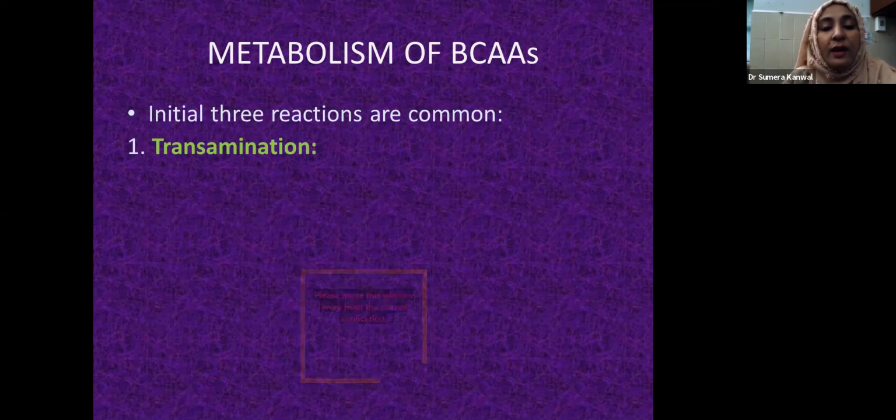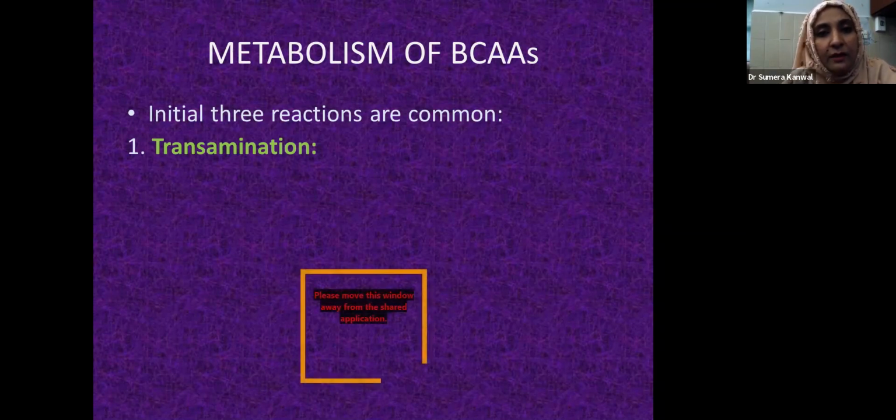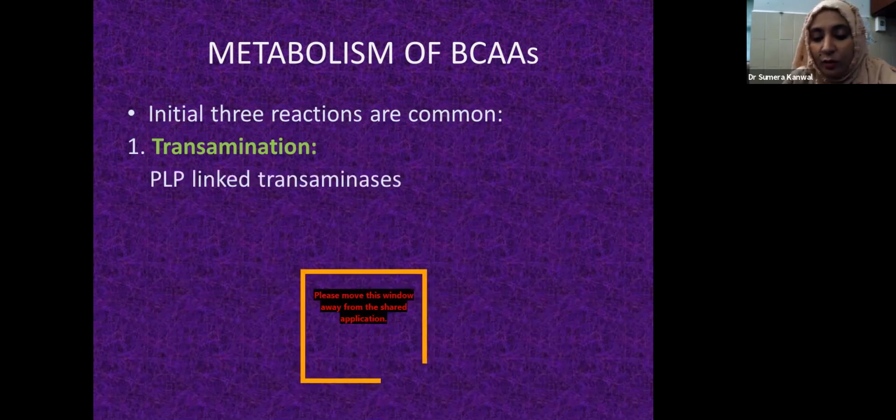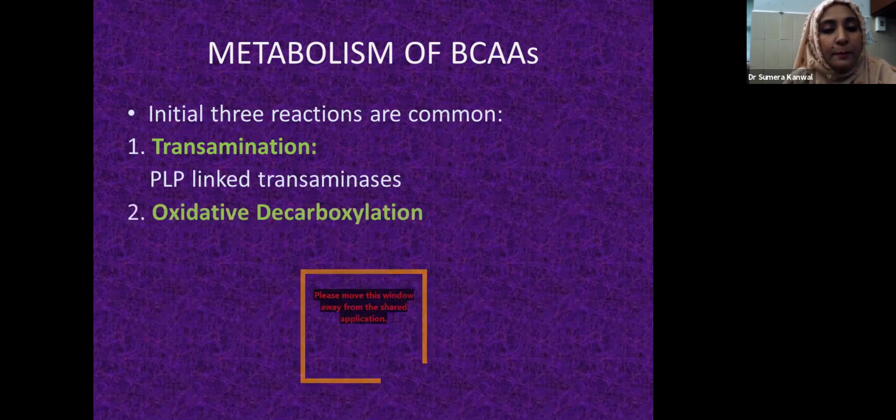For most transamination reactions the amino acid could be different, but the alpha keto acid is alpha ketoglutarate, which converts into glutamate after receiving the amino group from the amino acid. These transaminase enzymes are pyridoxal phosphate linked. Pyridoxal phosphate is the active form of B6.